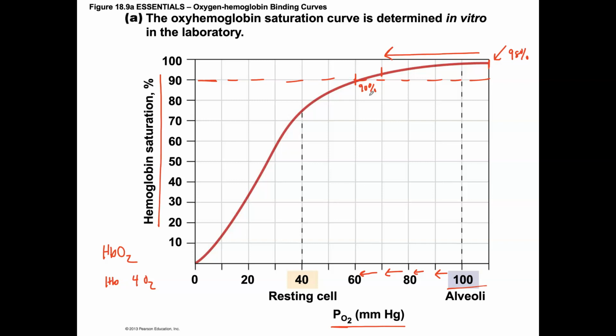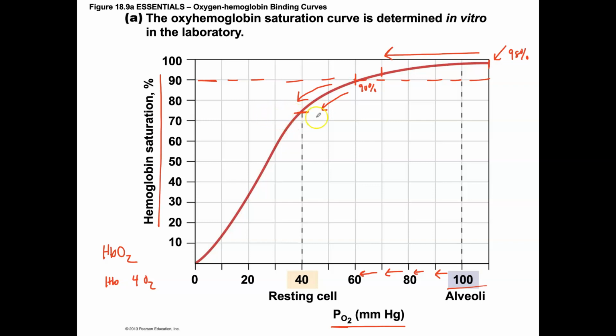When you drop below 60 millimeters of mercury, this is when you get into the steeper part of the dissociation curve. You'll notice that between 40 and 60, we're starting to see a much more rapid decline. We're still in good shape.